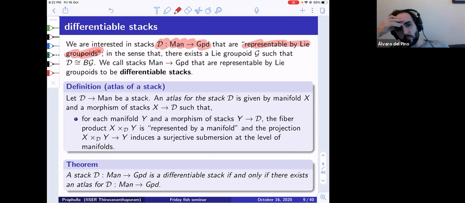What does that mean? I think I mentioned it before also. It means there is a Lie groupoid G and an isomorphism of stacks from D to BG.